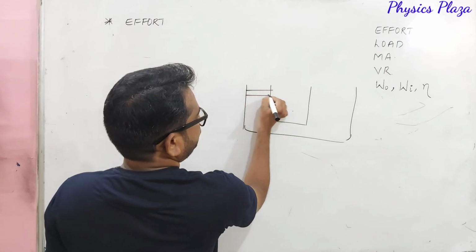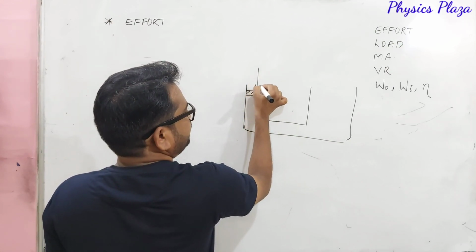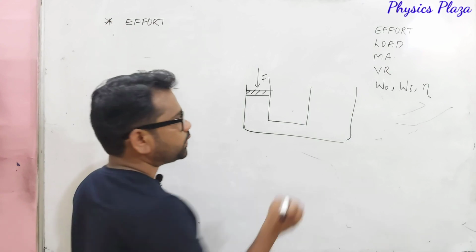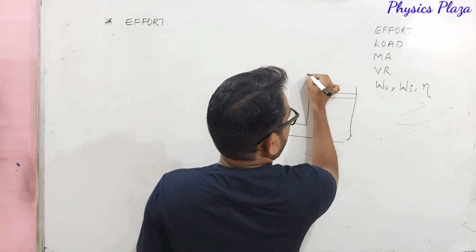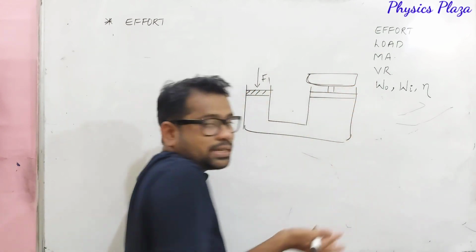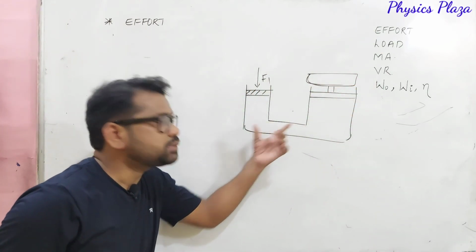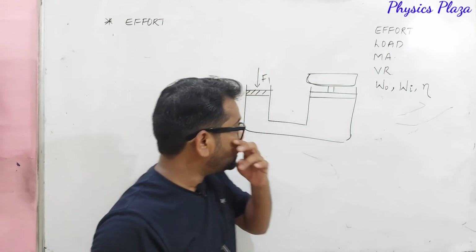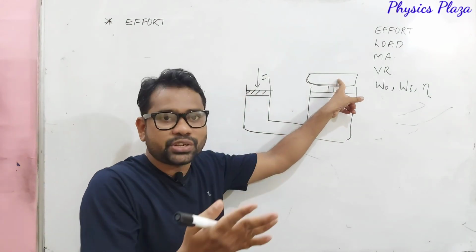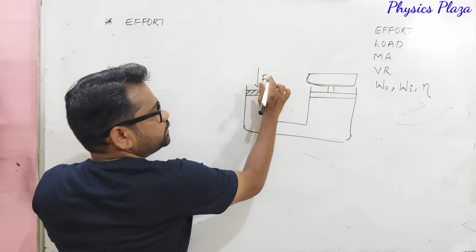So this is, let us say, the point where we will be applying the force, and here the heavy weight will be there, which is lifted with the help of this machine. So what is effort, dear children? In order to lift this heavy load, we have to apply some force.